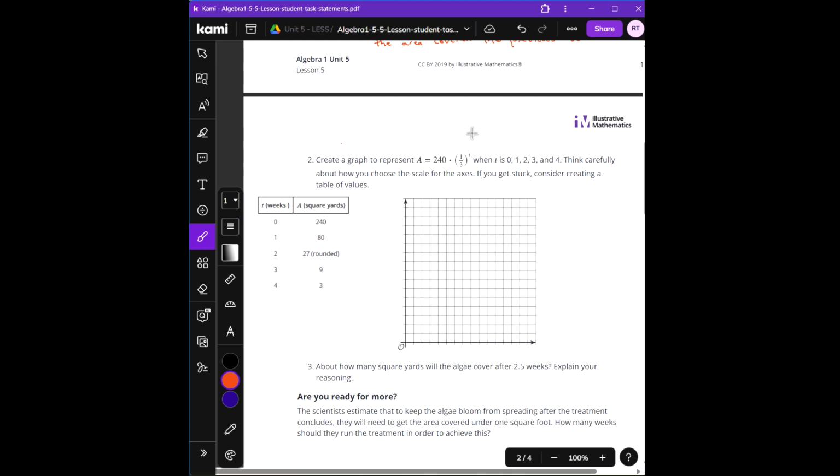And so over here, let's see if I can do this. We're going to have our area. Okay, and that's going to be in square yards. Okay, and then we can go up by 25.